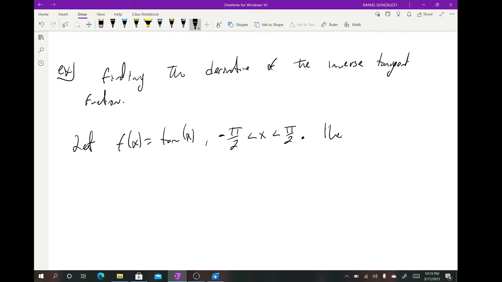Right. So then we will let g be the inverse of f of x, and the inverse of tangent of x is arctangent of x. So let g of x equals arctangent of x be the inverse tangent function.